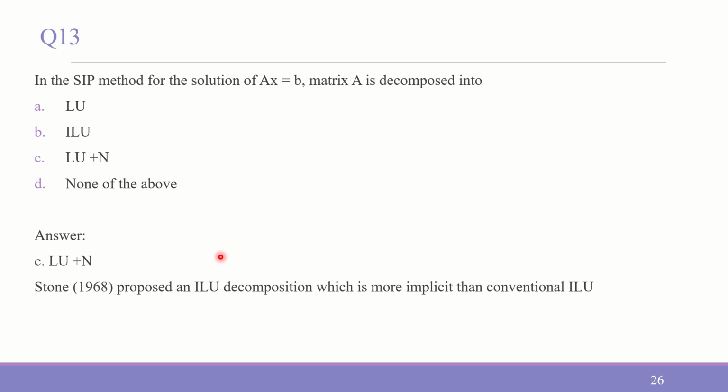So in general, if we are dividing the matrix into M and N, what we do is M into phi at k plus 1 equal to N into phi at k plus b. That is how we split.